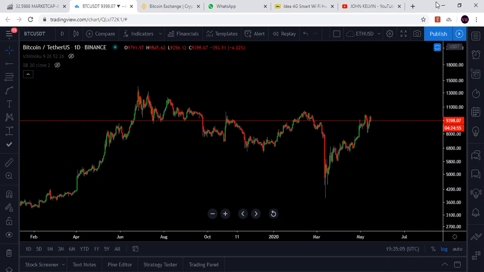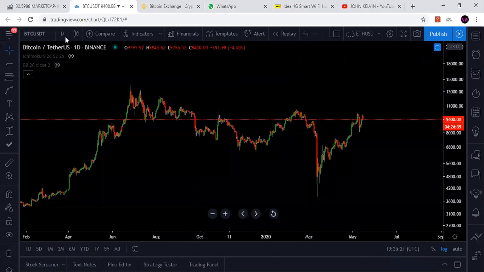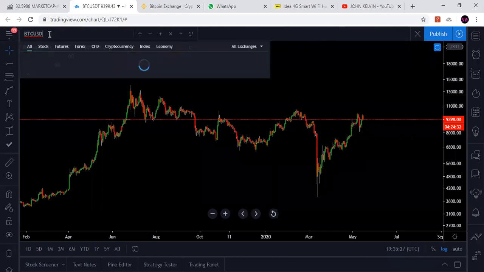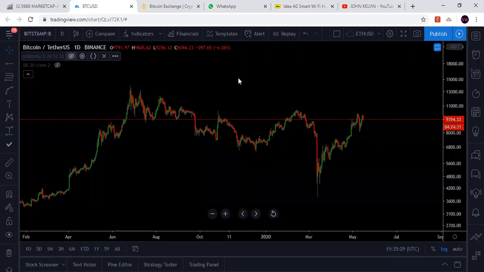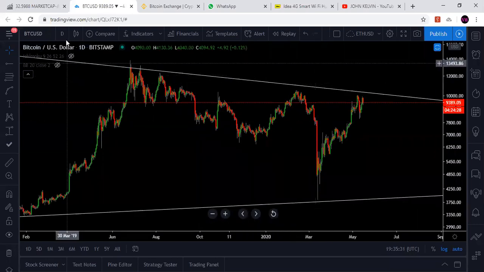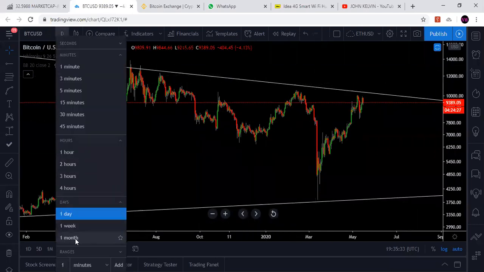So the first thing I always love doing, for this video, is to start from the monthly time frame, gradually go down to weekly, to daily, and to the 4 hours time frame. First of all, I cannot use the monthly time frame on Binance. I would have to use the monthly time frame on Bitstamp. So for this, I would go down to the monthly time frame.